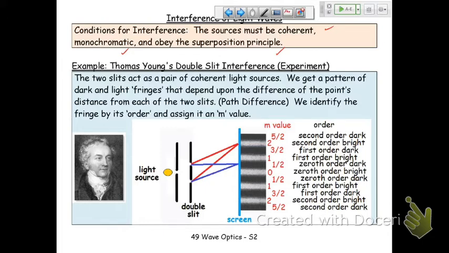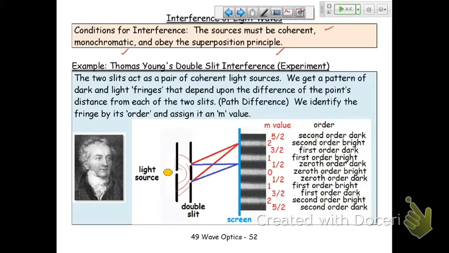And remember what we said about if the opening is less than the wavelength, then it appears as if it's a point source of light. So you got light going out like that, and when it arrived here and here, it was in phase, which meant it was coherent. So you got coherence.